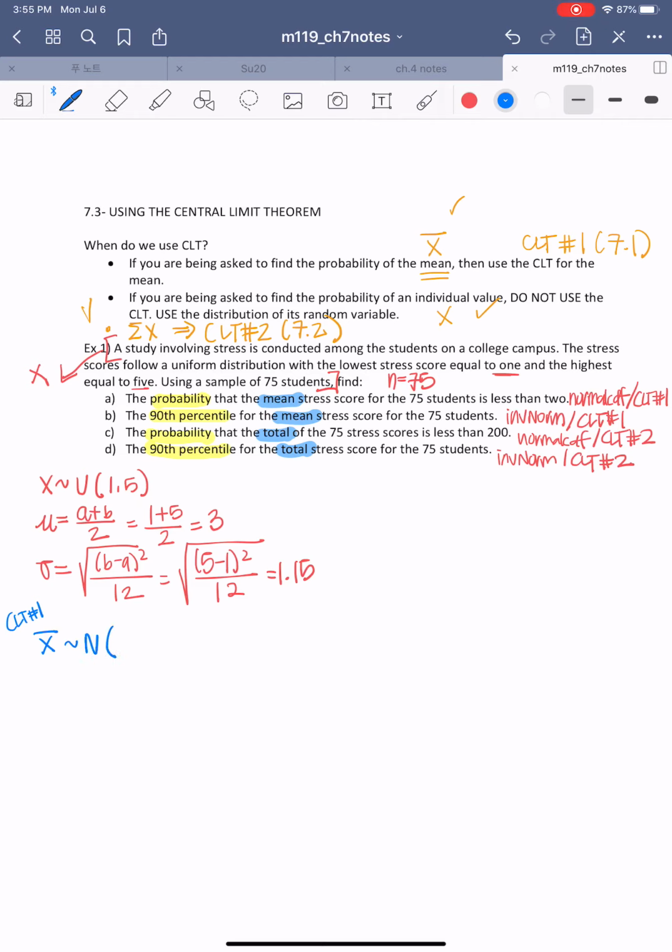So this is equal to 3. And where's the 3 coming from? Your mean of X will be the same thing as your population mean. The standard deviation will be 1.15 divided by square root of n, which is 75. I like to leave it this way so that I'm not rounding. You can put it in as a fraction on the calculator too.